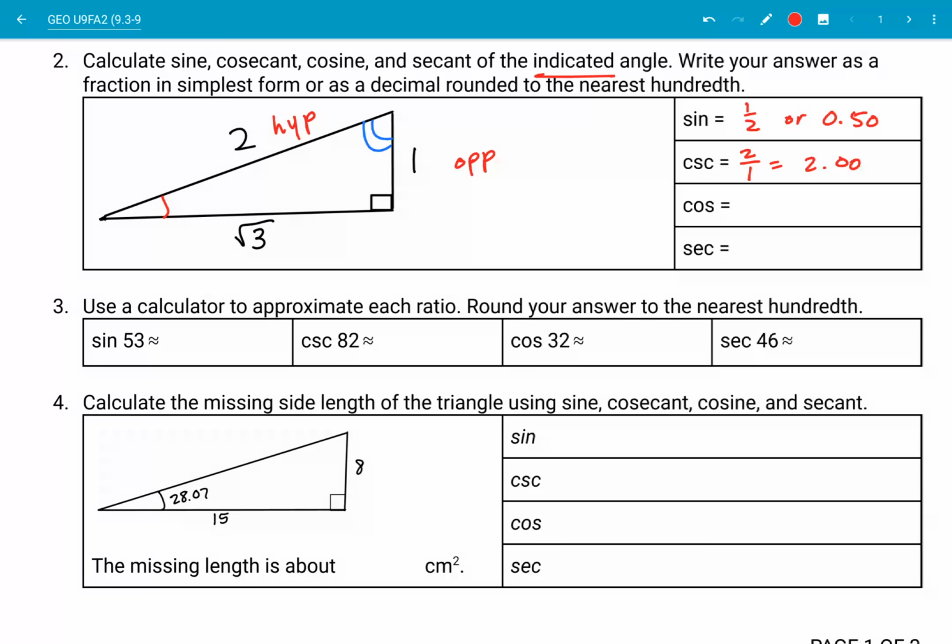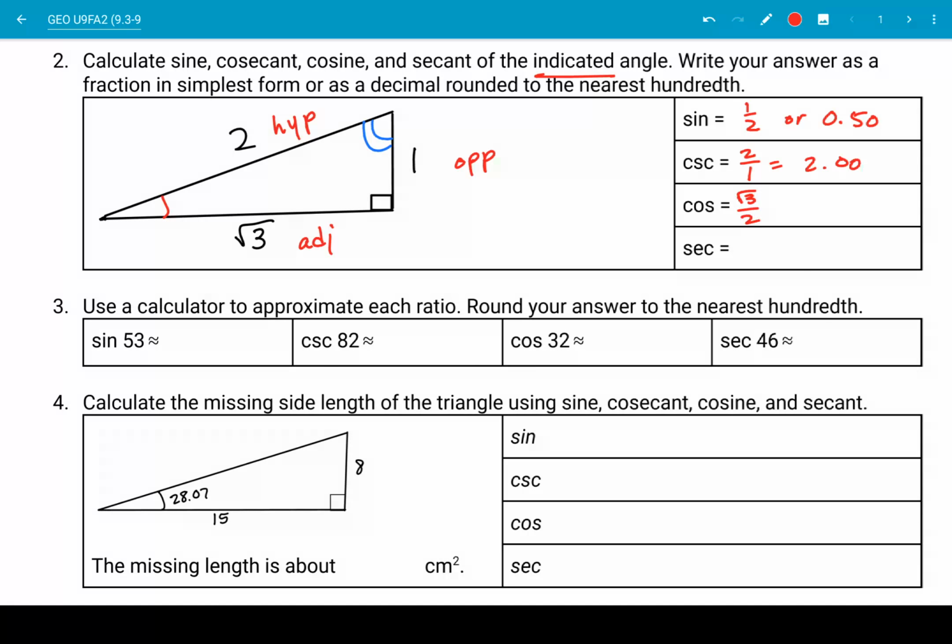And actually, you're supposed to round to the nearest hundredth. Okay. Then if I do cosine, well, here's my adjacent side. So then I want adjacent over hypotenuse, which would be rad 3 over 2. And if I'm going to use my calculator to figure out what that is, I would just plug in rad 3 over 2 on the calculator, and what do I get? Let's find out.